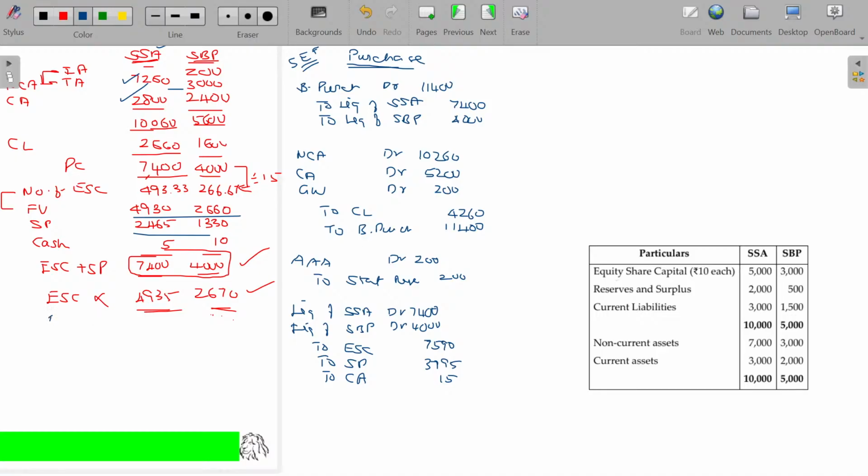Now the balance sheet. Business purchase got eliminated. Liquidator got eliminated. Leftover item, equity share capital, the value being 7,590. Securities premium 3,795.